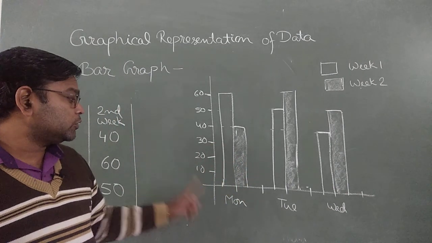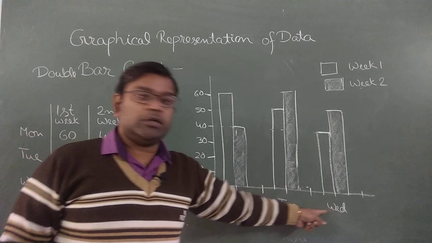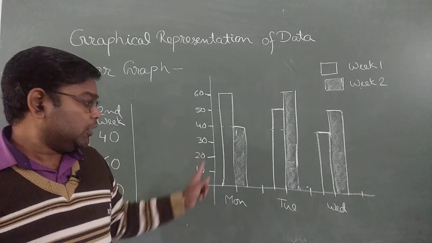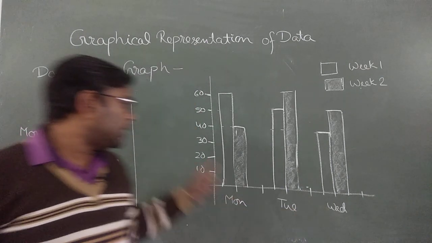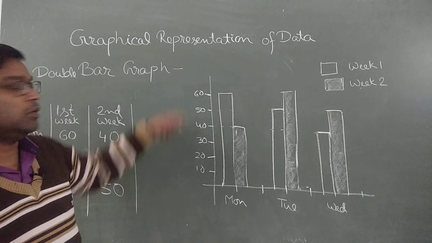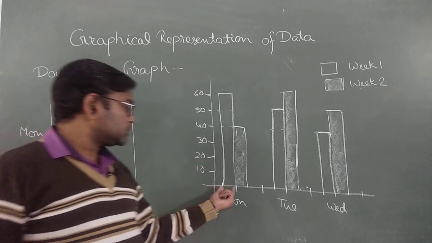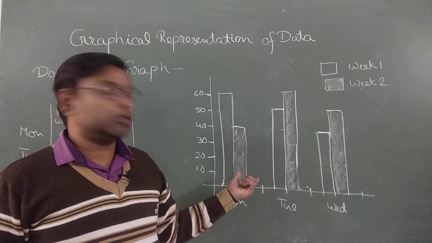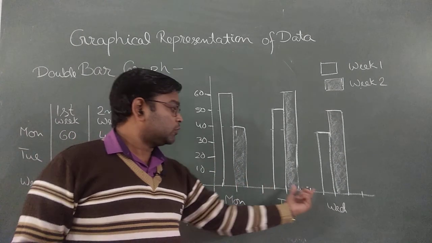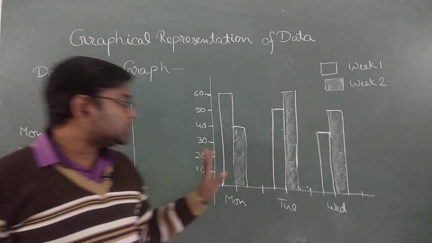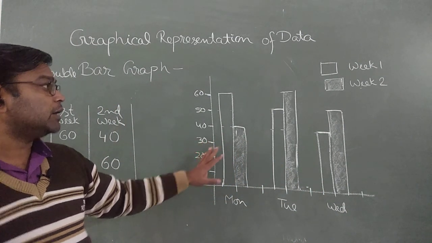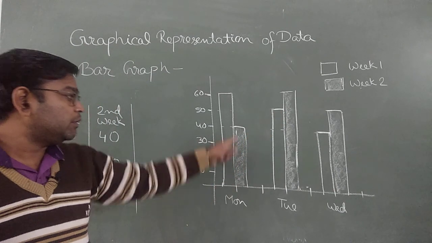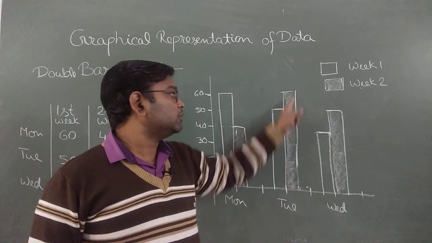Remember, once again, these are the constant physical quantities and these are the variables, the measurements. On the x-axis we plot these, and on the y-axis we plot the variables or the measurements. Bars must be of equal width, and the distance between two bars must be equal. In a double bar graph, we must mention which bar represents the first week and which represents the second week.